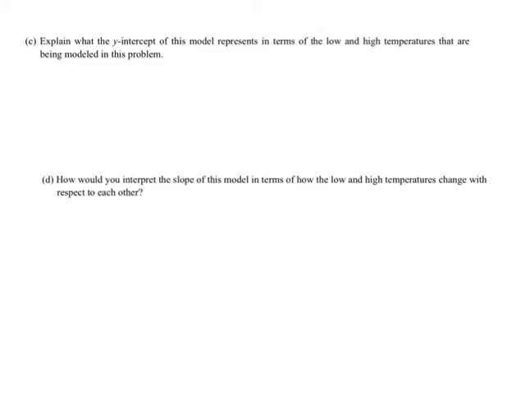C. Explain what the y-intercept of this model represents in terms of the low and high temperatures that are being modeled in this problem. My y-intercept in this case was 19. So what does that mean?